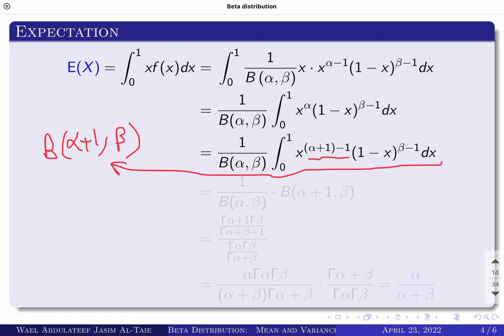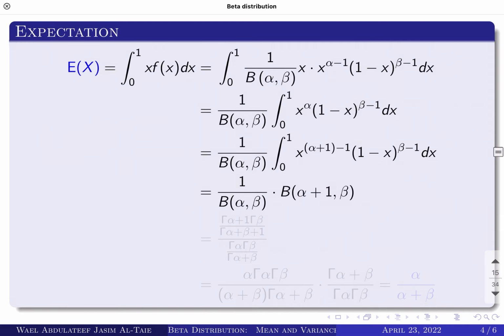And as we'll see now, we have 1 divided by the beta function of alpha and beta, times the beta function of alpha plus 1 and beta. From the definition, the beta function of alpha and beta equals gamma of alpha, gamma of beta, over gamma of alpha plus beta.